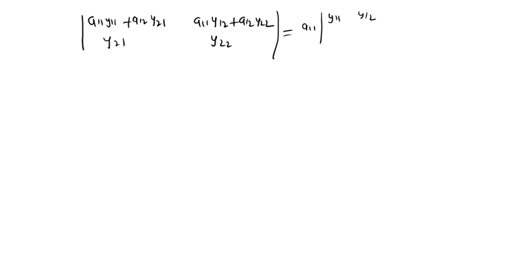So I can write the determinant on the left hand side in that form, as a11 times the determinant of y11 y12, y21 y22, plus a12 times the determinant of y21 y22, y21 y22.